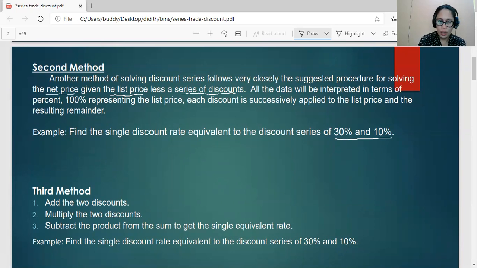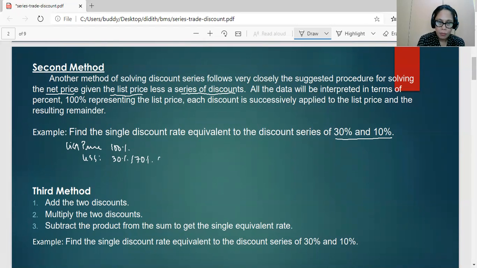So we start with the list price, which is 100%. And then we less that by 30%, with remainder 70%. 100 less 30, so we have 70% here.